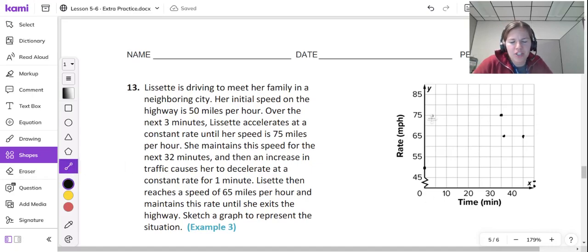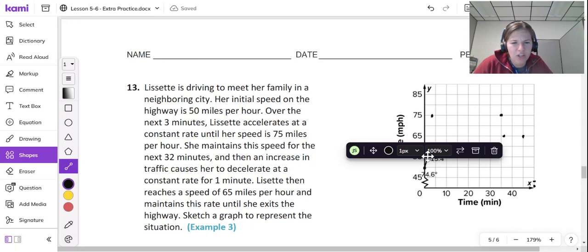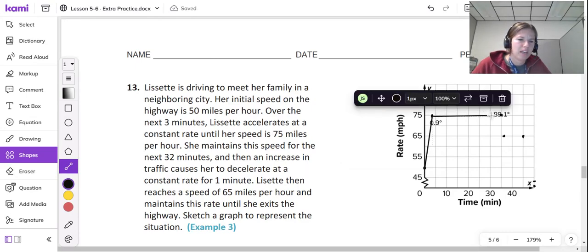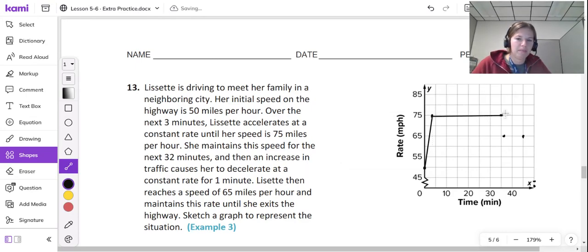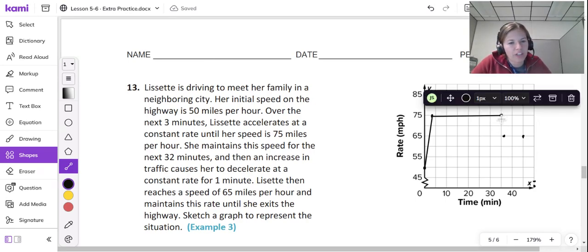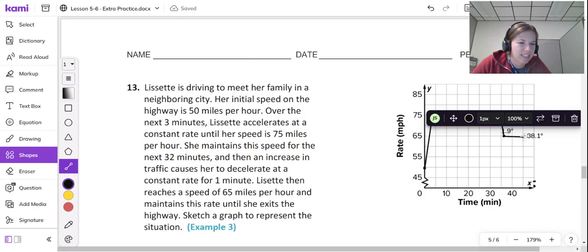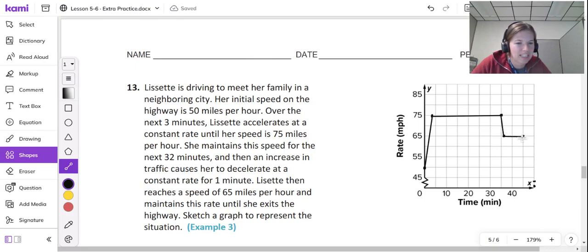Okay, and because she's moving at a constant speed on these, we can use a line. We can use a line to show these things. Now, if she was increasing her speed slowly or quickly or things like that, we would have lines that are not straight, but because she decelerates at a constant rate, she stays the same.